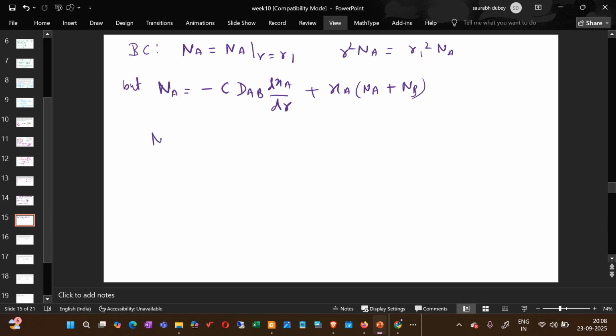So solving this, Na equals minus C DAB dxa by dr, and this term will become 0 because B is not diffusing, and minus xa Na.